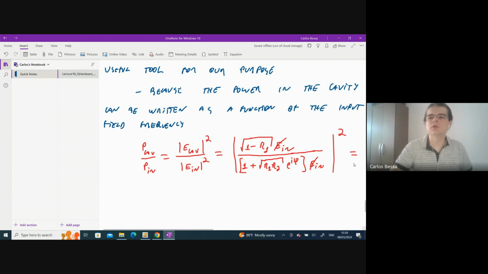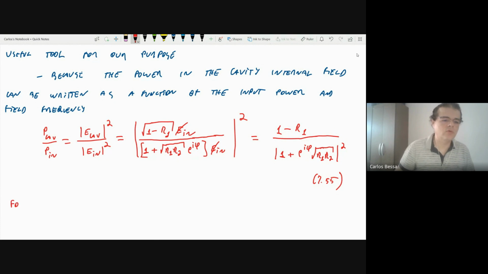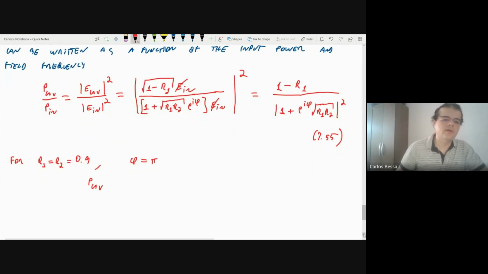So this here, for R1 equal to R2 equal to 0.9 and phi about pi, P_cav over P_in will be 10, right? 10.